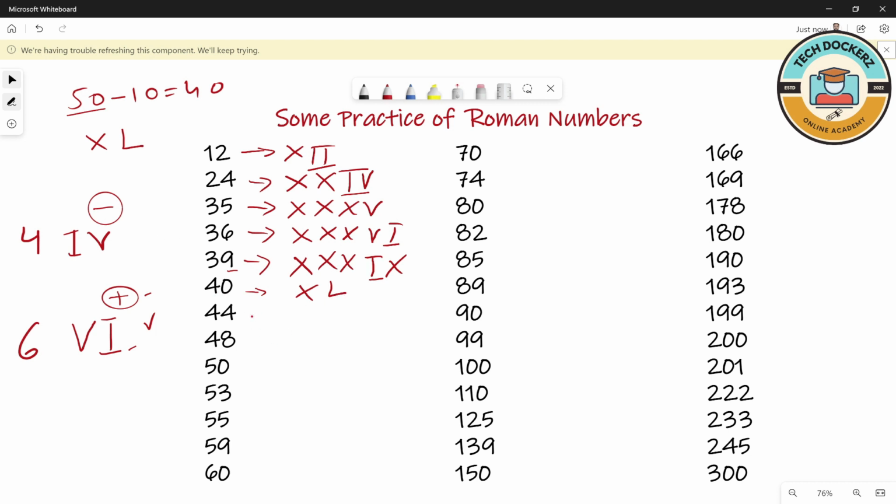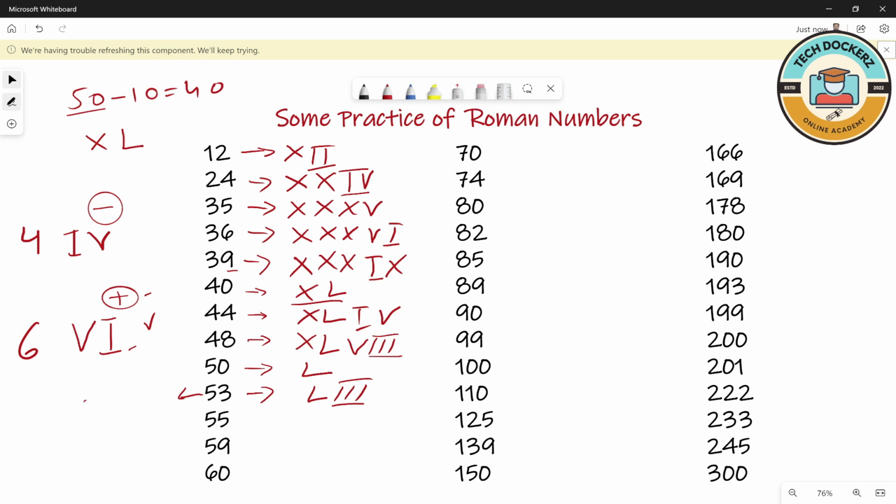How can we write 44? Similarly, 40 we can write XL plus 4. How can we write 4? IV. 48. XL represents 40 and 8 is V followed by 3 times I. 50 is represented by L. 53: L, 3 times I, which is an addition method.